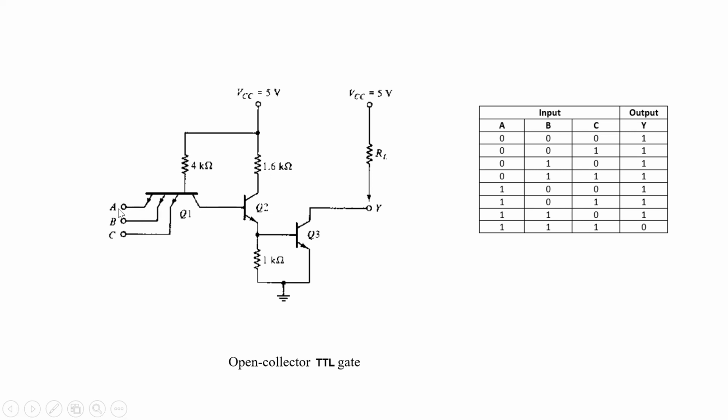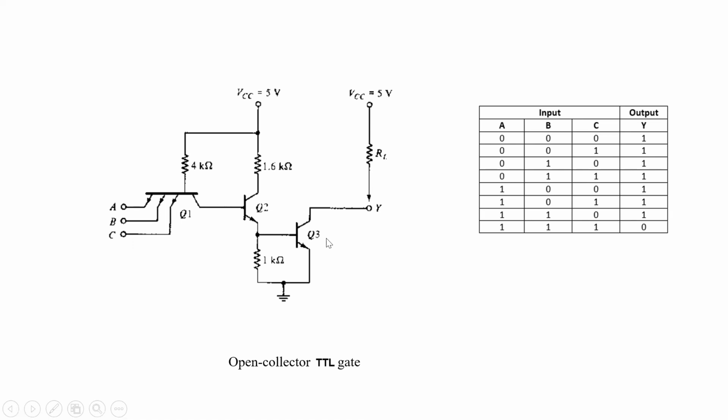So when you give low input to the emitter terminal of the transistor Q1, the corresponding PN junction becomes forward biased, and transistor Q1 is on. The base voltage of transistor Q1 is then 0.2 plus 0.7, that is 0.9 volt.